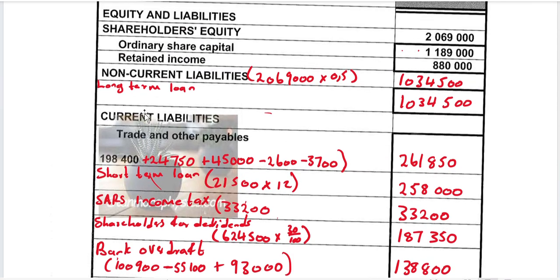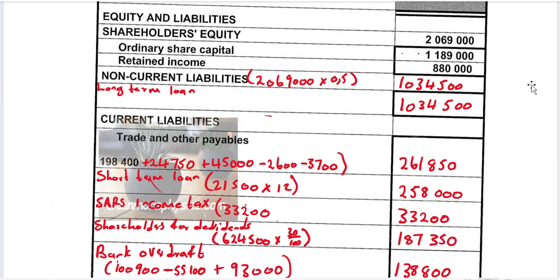Yeah? Current liability, we add all these amounts. When we add all the amounts, we find that our current liability is 879,200. Do you get me?